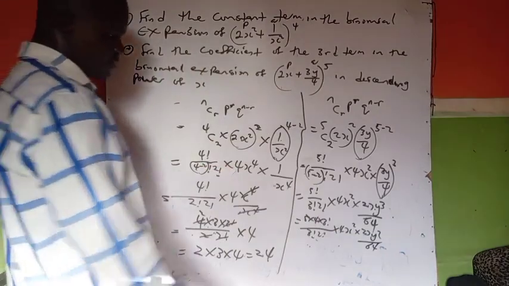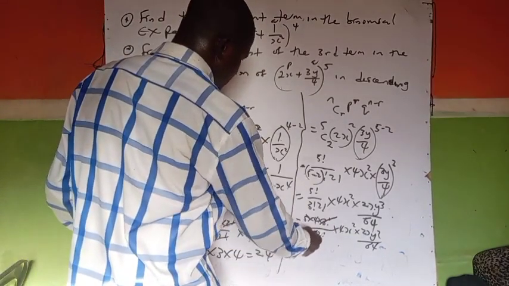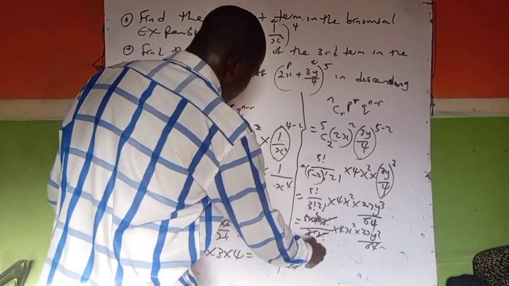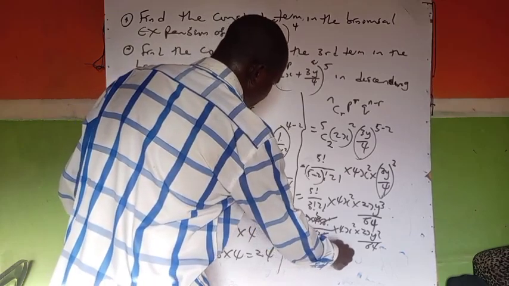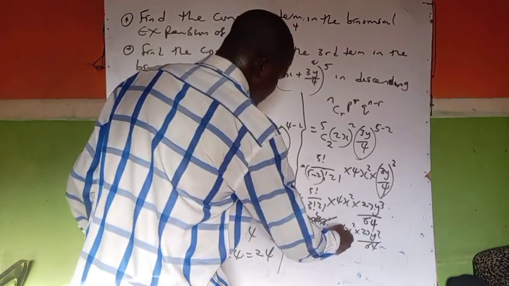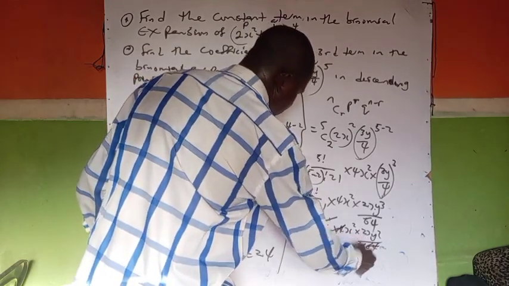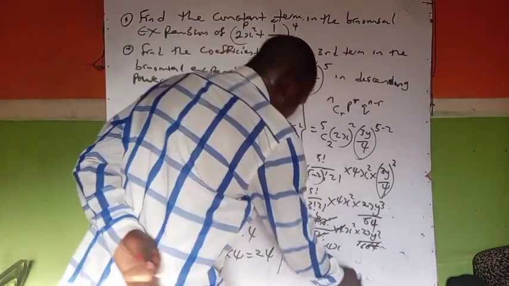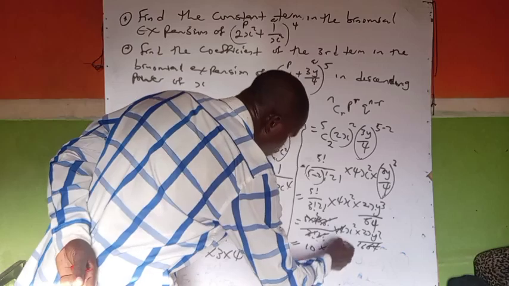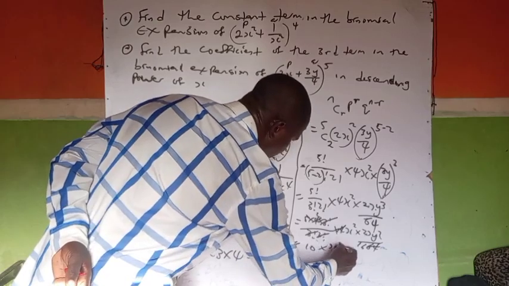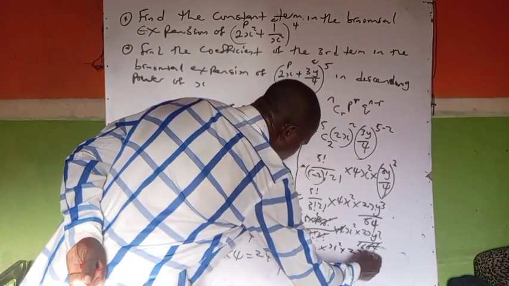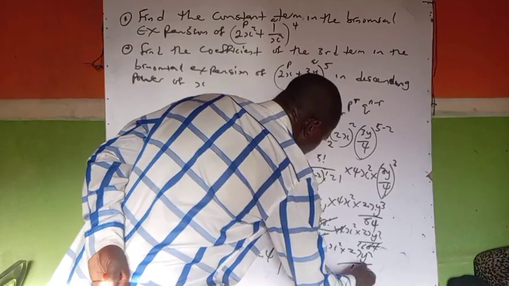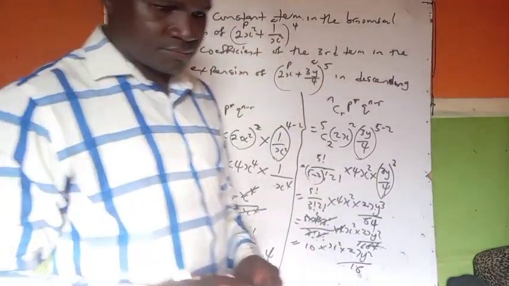So from here, this can cancel this. 2 here 1, 2 here 2. So what you have here is 10 times 4x squared. Okay, this can cancel this, so you will have 16. So that's 16. So you will have x squared times 27y cubed over 16.